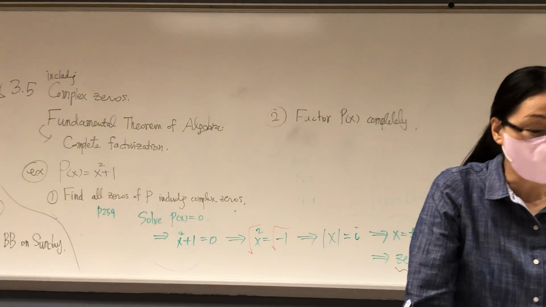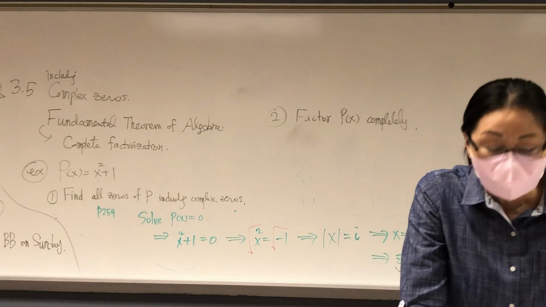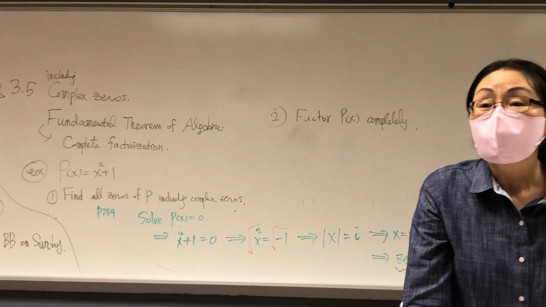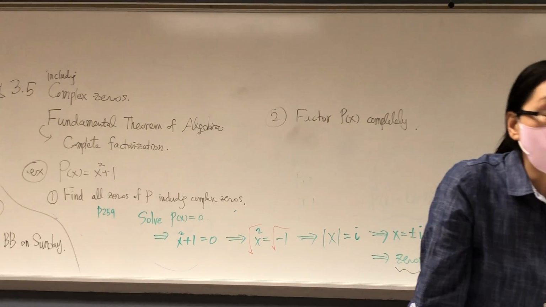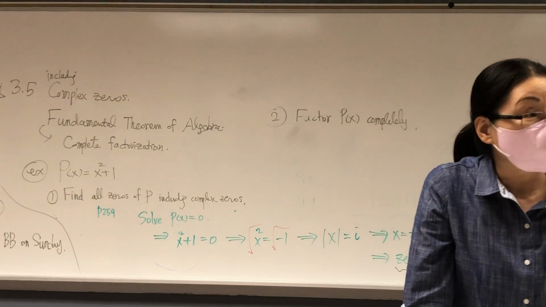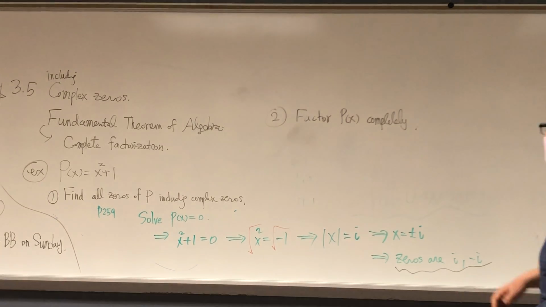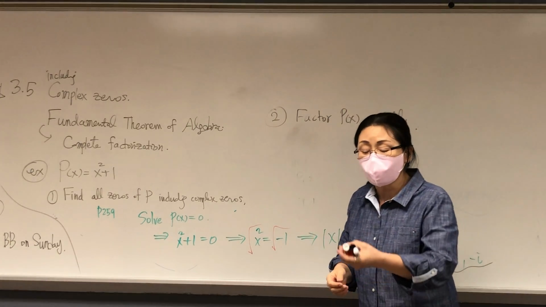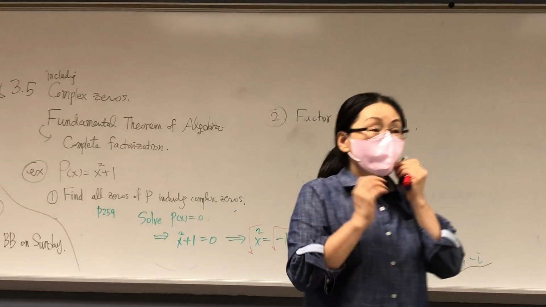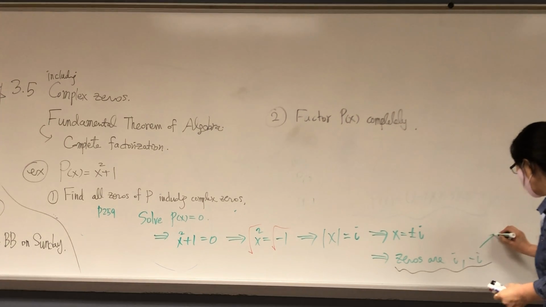If P is a polynomial of degree n, then your P of x can always be represented by a multiplication of n linear factors, including complex ones. That's the complete factorization theorem. How many linear factors do you need to represent it? 2. Of course, 2. What are your 2 linear factors?